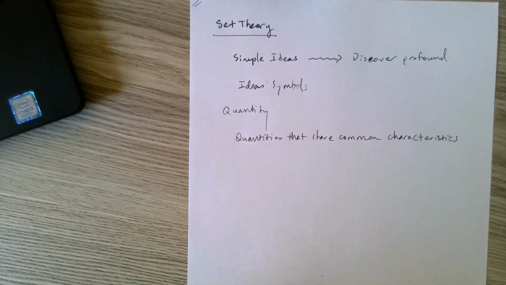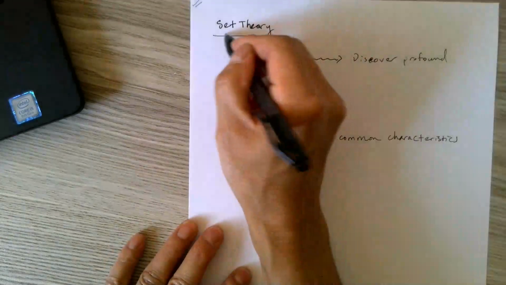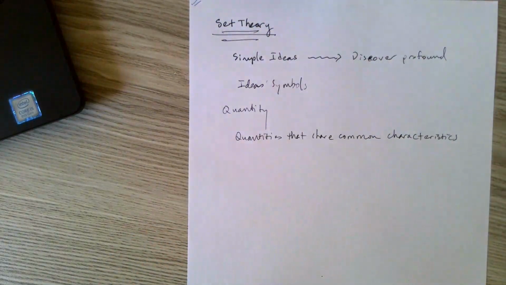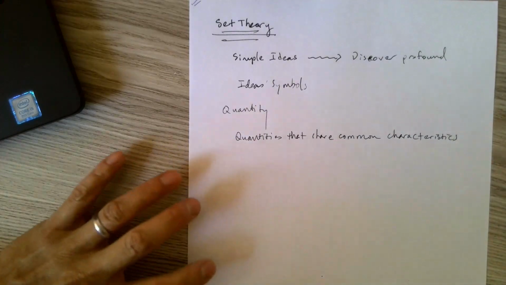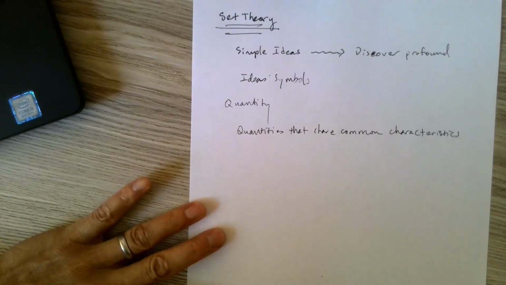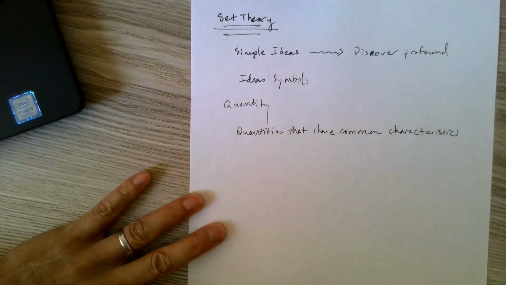So this is the whole idea behind set theory. Set theory is the study of quantities that share common characteristics or share a common usefulness. So we're going to start with a little bit of vocabulary so that when we discuss these things, we all understand what everybody's saying.